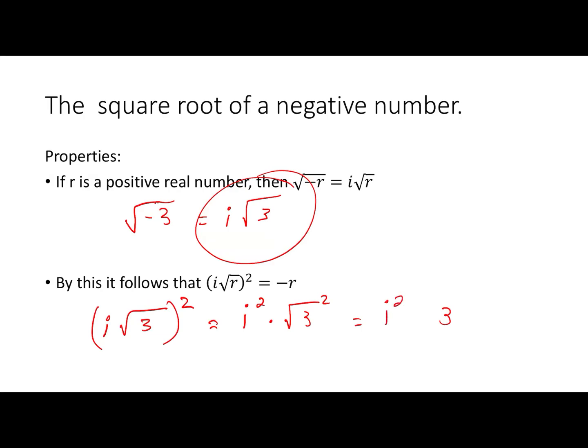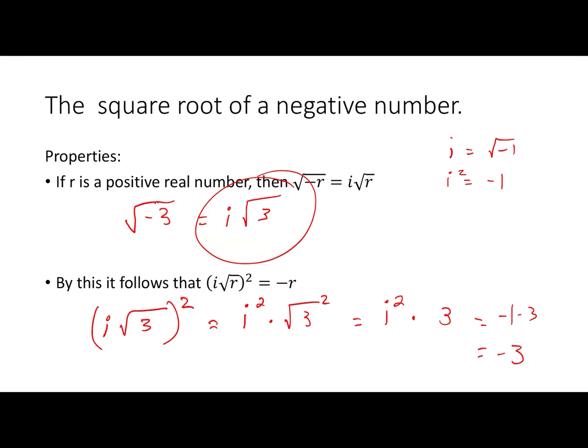But i squared is going to remain there, since i is equal to the square root of -1. Then i squared is equal to -1, meaning that it just gets rid of the square root. Meaning -1 times 3 equals -3, exactly what we had over here.